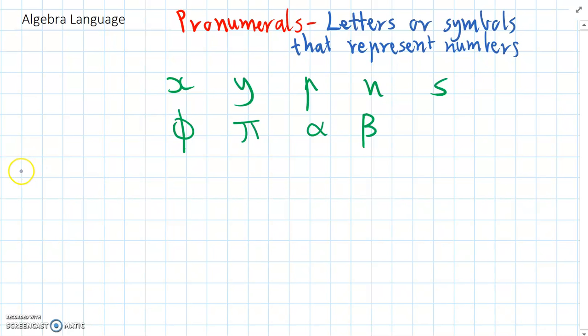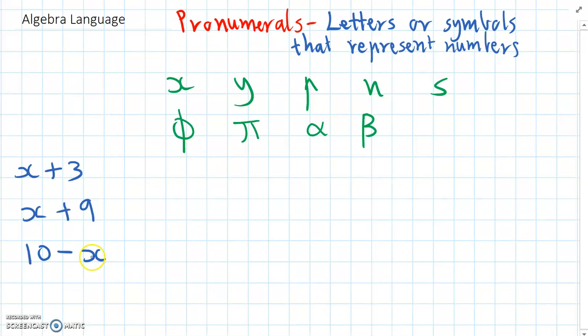So if we have x, we can have x plus 3. So whatever the value that x has, we're adding 3 to this. We can also have x plus 9, or we could have 10 take away x.